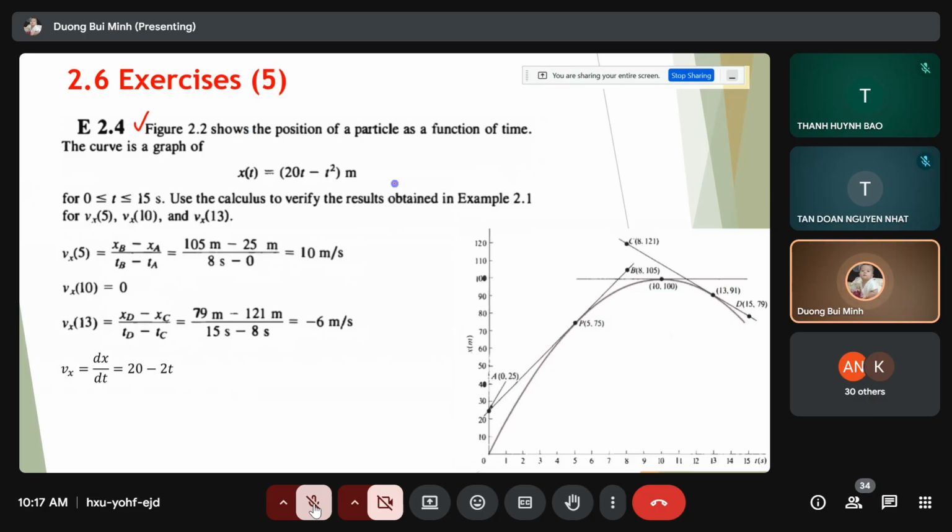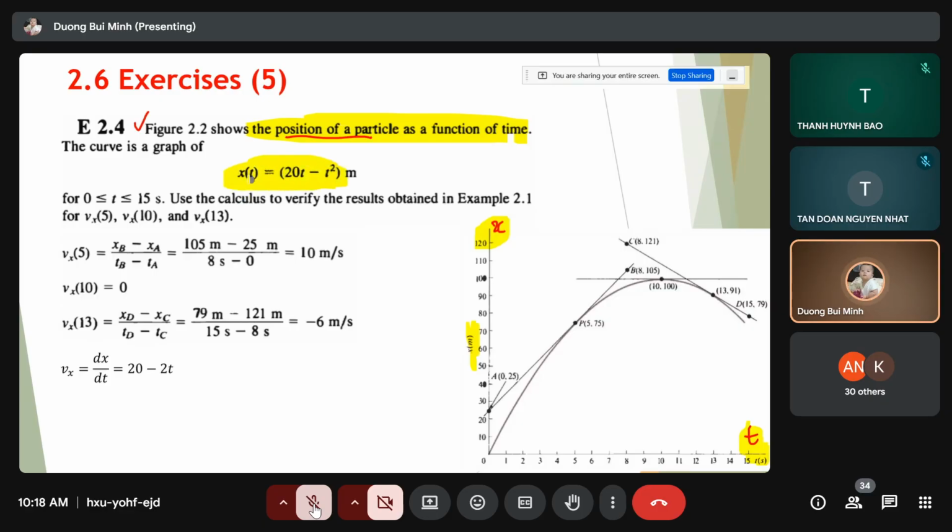Figure 2.2 shows the position x versus time, or we say position is a function of time.